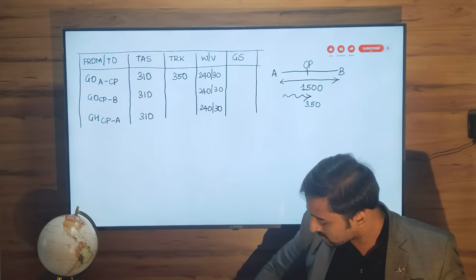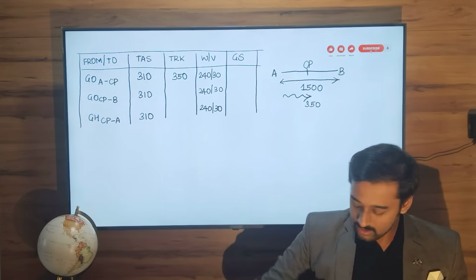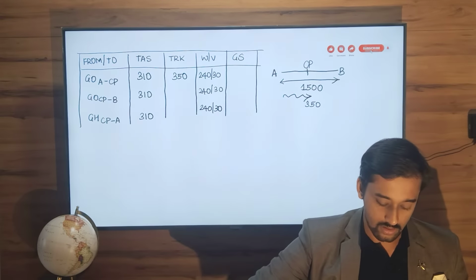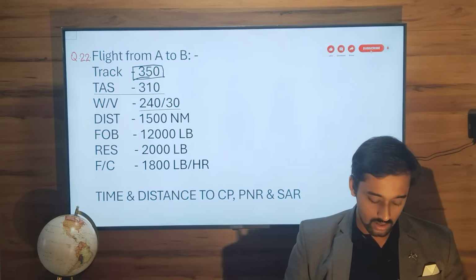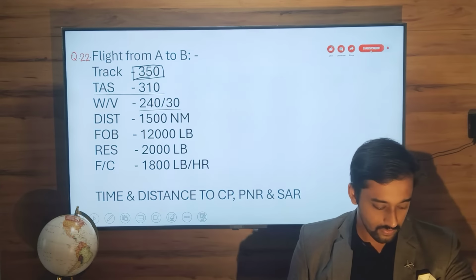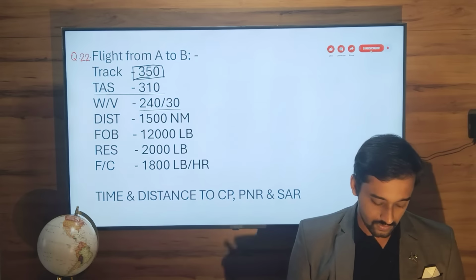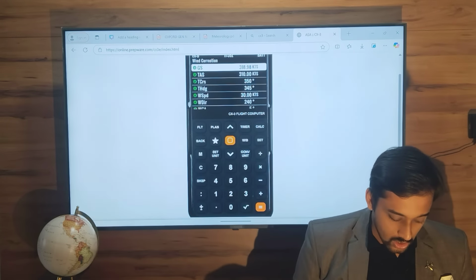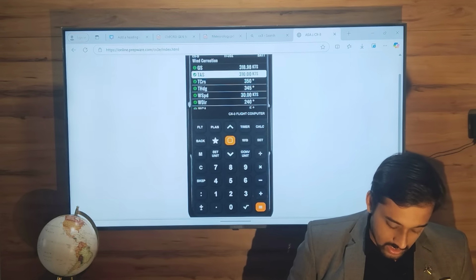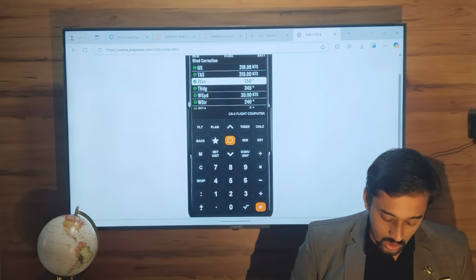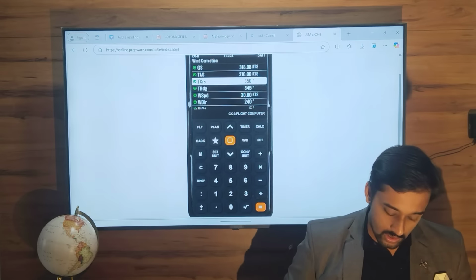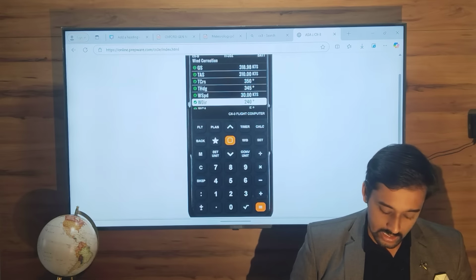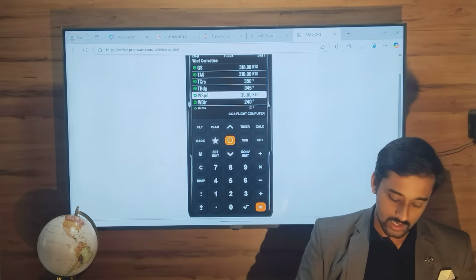Using your CX3 scientific calculator, we will solve this sum. True airspeed given to us is 310 knots. True course outbound is 350. Wind direction is 240, wind speed is 30 knots.